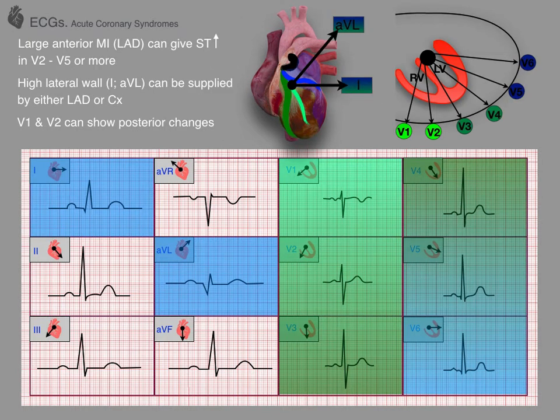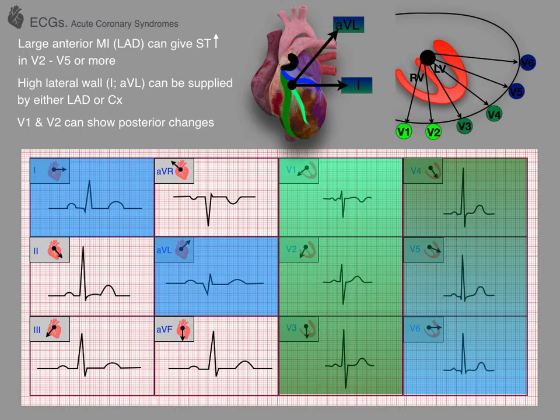In reality, it's often more of a spectrum. So a large anterior STEMI could give ST elevation from V2 all the way around to V5. And obviously where the occlusion is in the artery matters, so if it's high up, proximal within the LAD, it's going to affect more territory than a distal lesion.